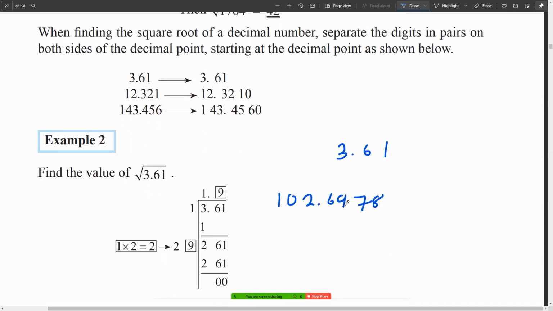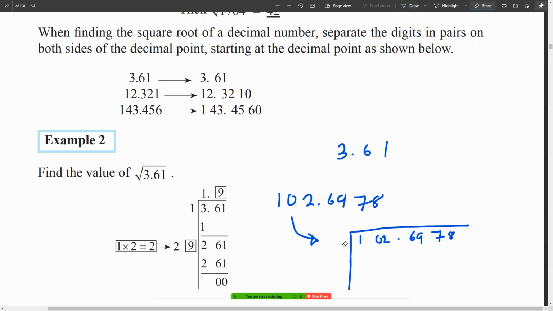You need to write this in a way that you separate the digits 2 by 2, from the decimal point to the left and from the decimal point to the right. It means you put the decimal point, then 02 together, 1 separate, as this doesn't have another digit. So again 69 together and 78 together. Likewise you need to couple the digits from the decimal point to the left and to the right.